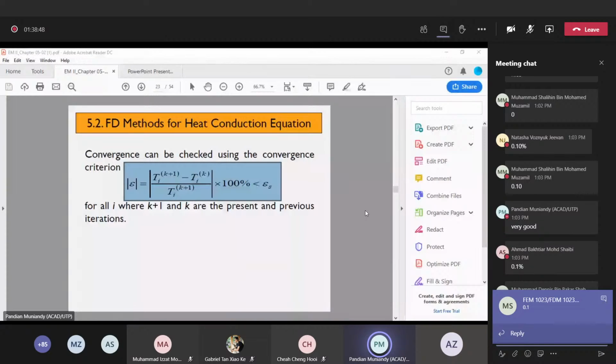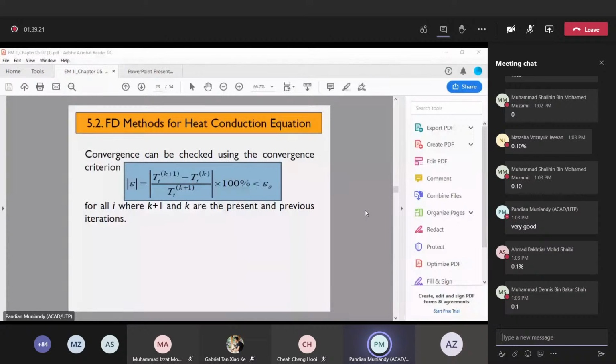So T1 is better than T2. So T1 is more stable, reliable. But T2 is also good. Compared with T1, the error for T1 is very small. But we cannot say T2 is not good, because if you take 100% minus 0.1, it's almost 99.9%.